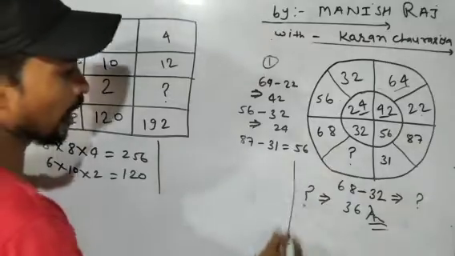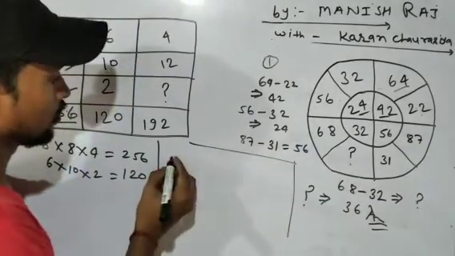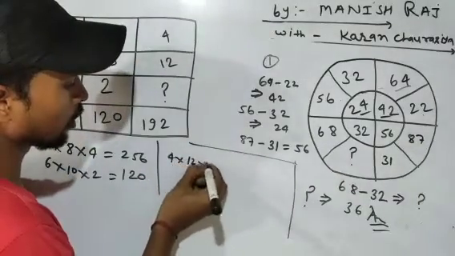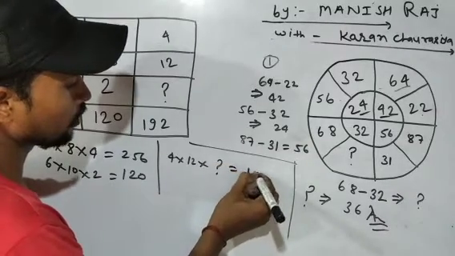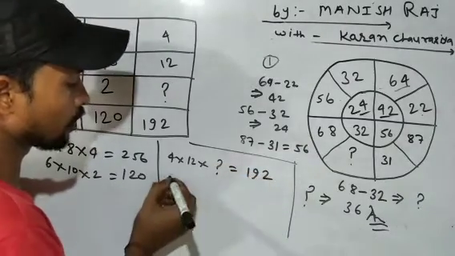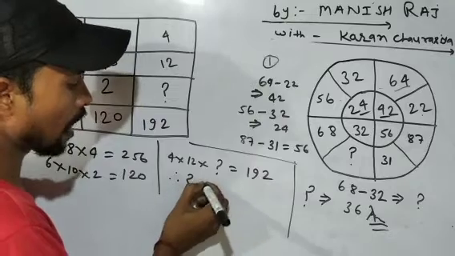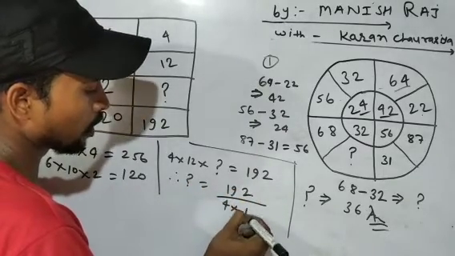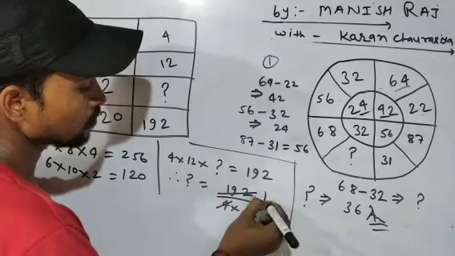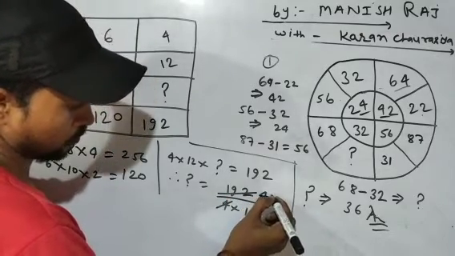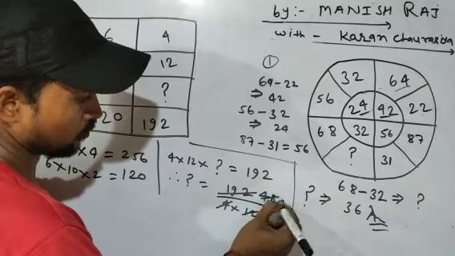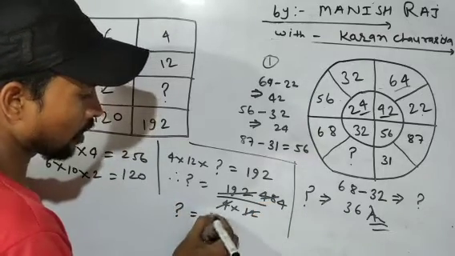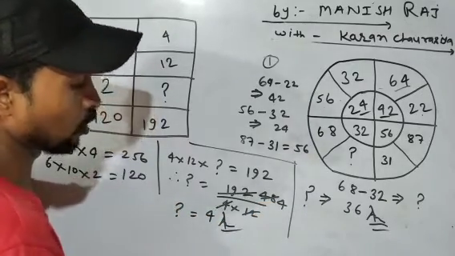Then we can of course write 4 multiply 12 multiply what equal to 192. According to the place of what, we can of course write here 192 divided by 4 multiply 12. According to the place of what, we can of course write here 4.